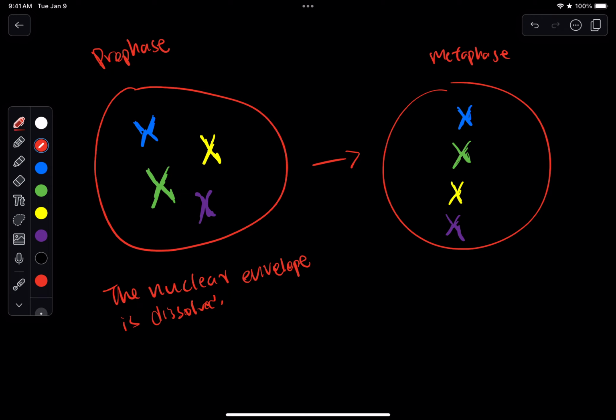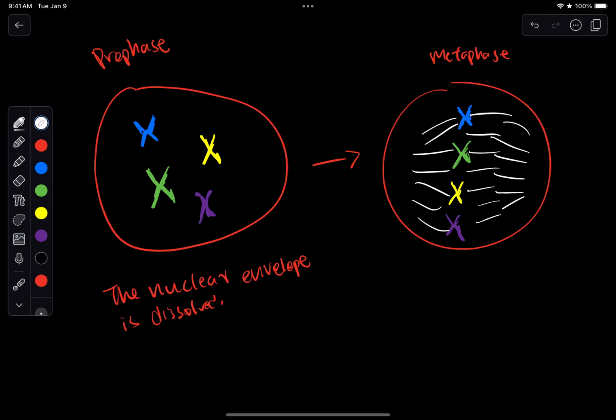And then there are spindle fibers that connect to the ends of the chromosomes so that they can be pulled apart.